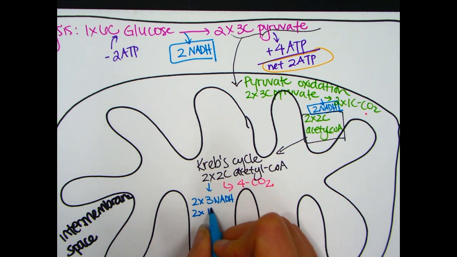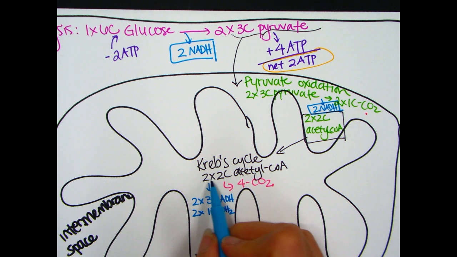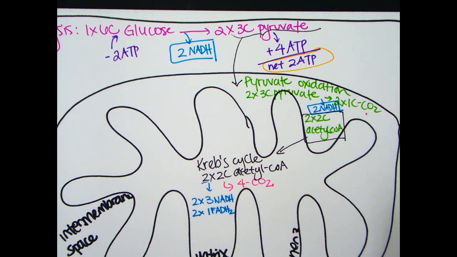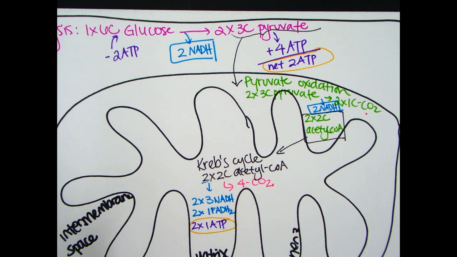We're going to make 1 FADH2 each time the cycle goes around, but the cycle will go around twice for each glucose. So we're going to make 2 FADH2s, and then we are also going to make 1 ATP for each turn of the cycle, but the cycle will happen twice, so we end up with 2 ATPs.